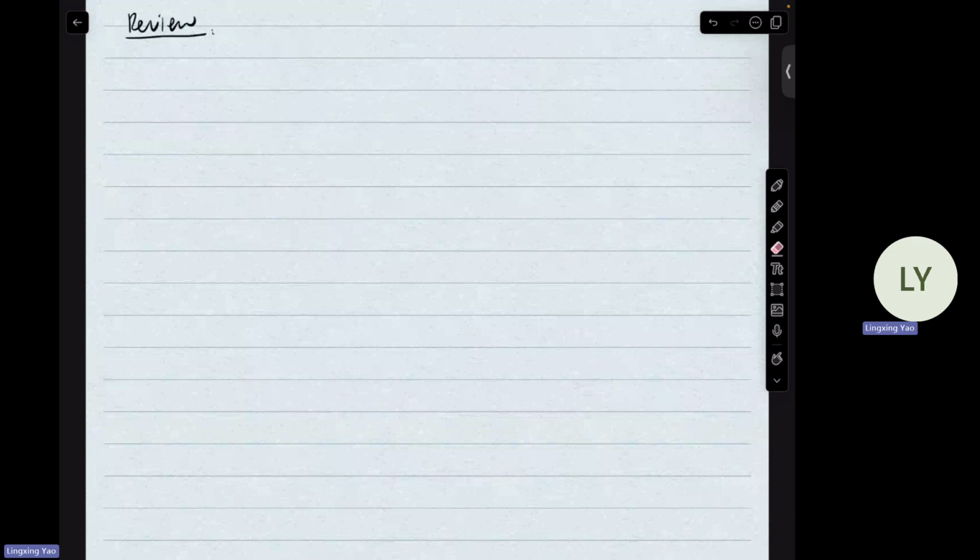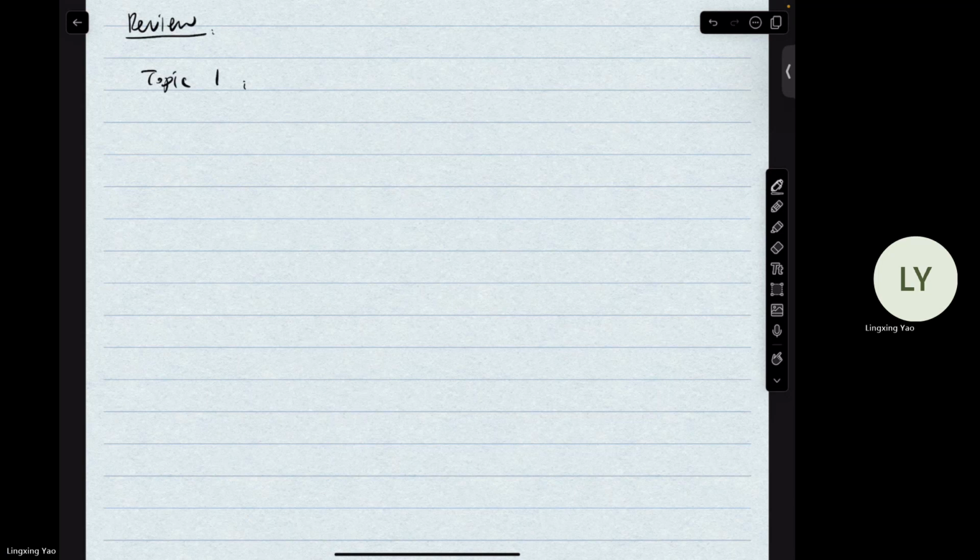All right, so we started with the double integral setup, right? So topic one, double integral.